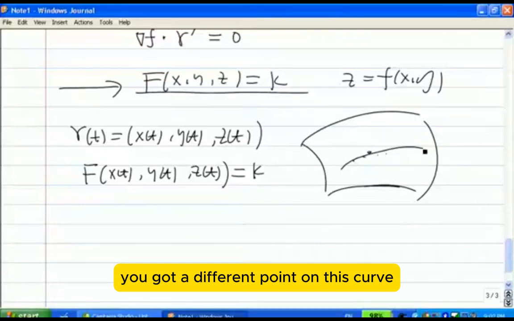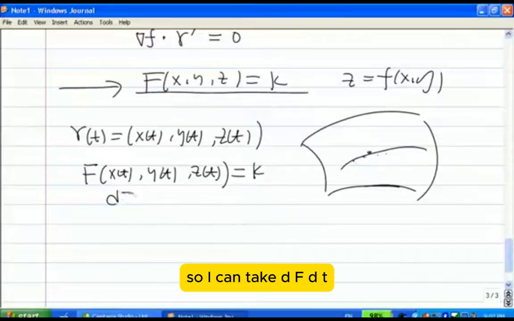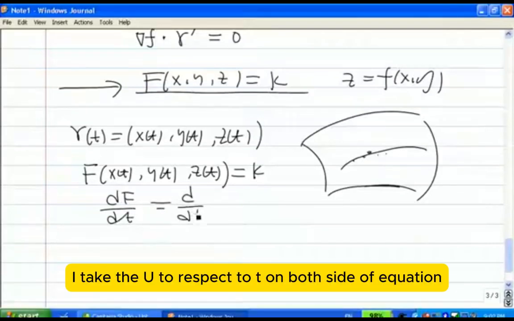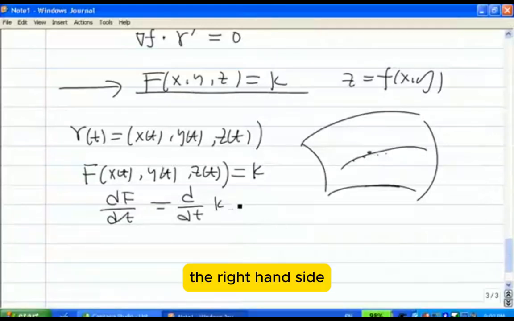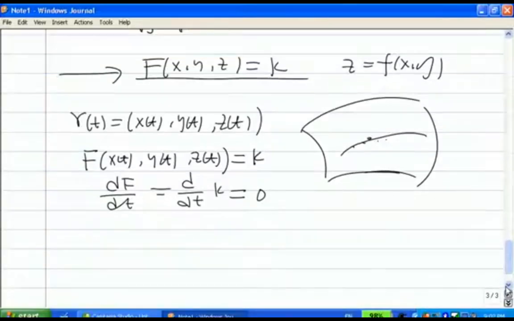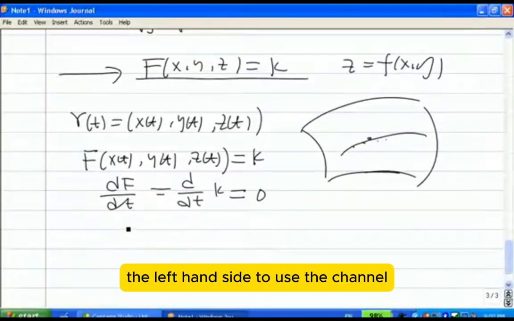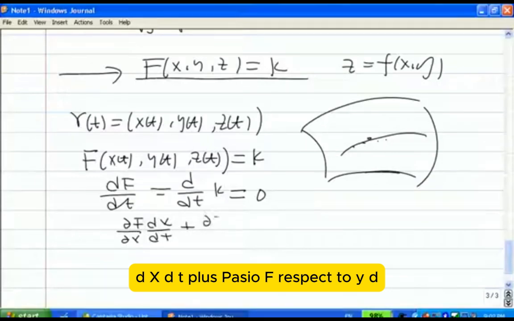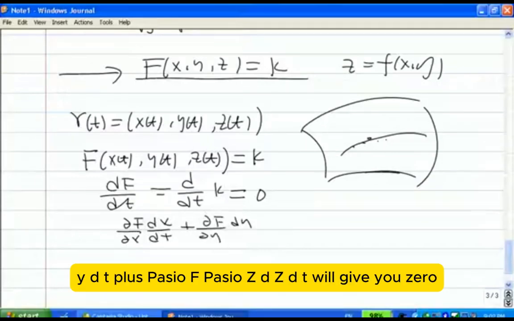My left hand side is a function dependent on t, and for different t you get a different point on this curve. So I can take df/dt. I take the derivative with respect to t on both sides of the equation. The right hand side, you take a derivative of a constant, it gives you 0. The left hand side, use the chain rule. You get partial f with respect to x times dx/dt, plus partial f with respect to y times dy/dt, plus partial f with respect to z times dz/dt, which will give you 0.